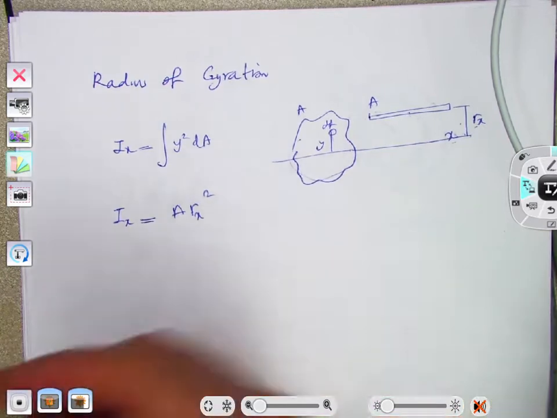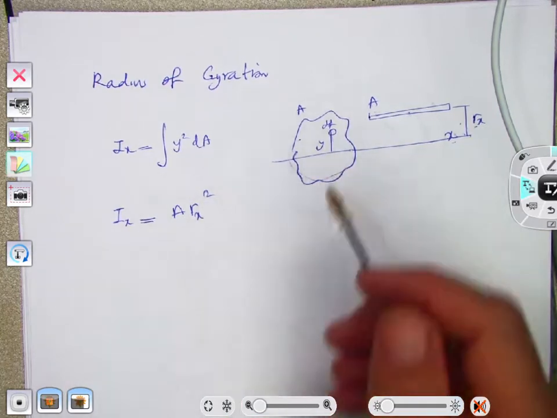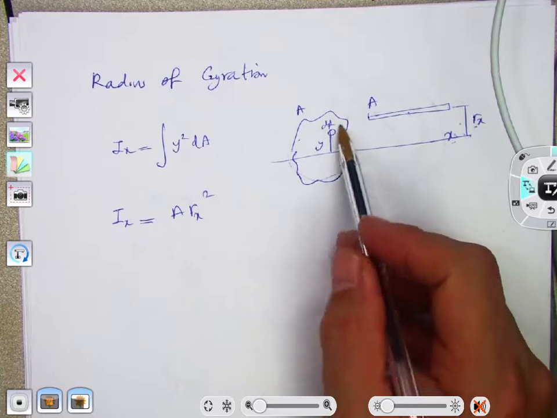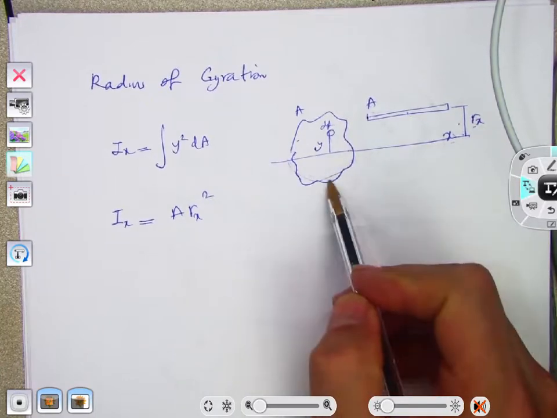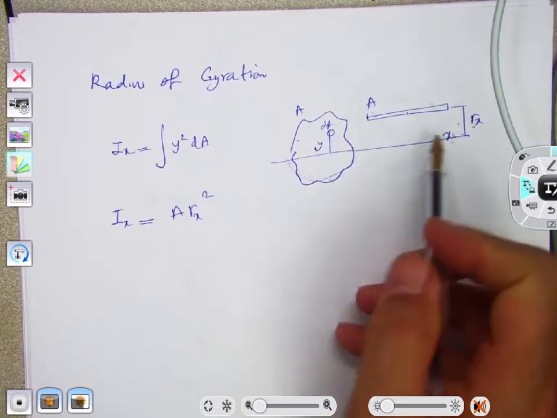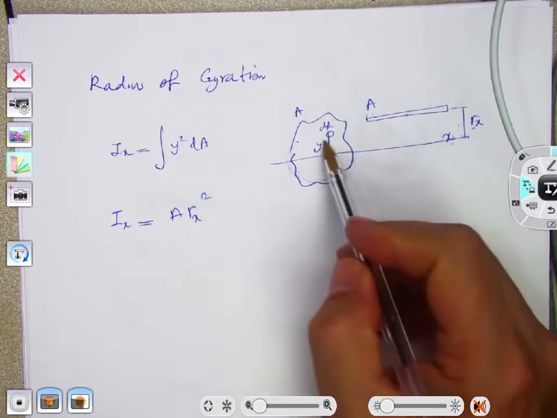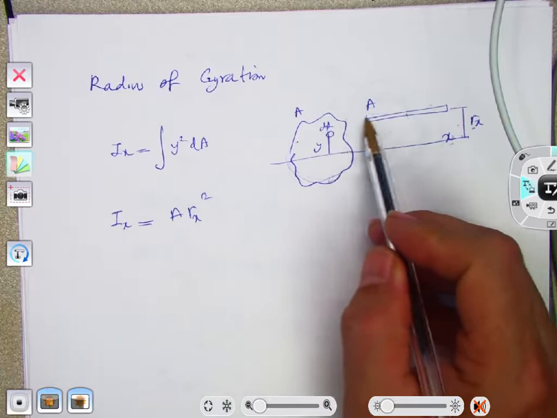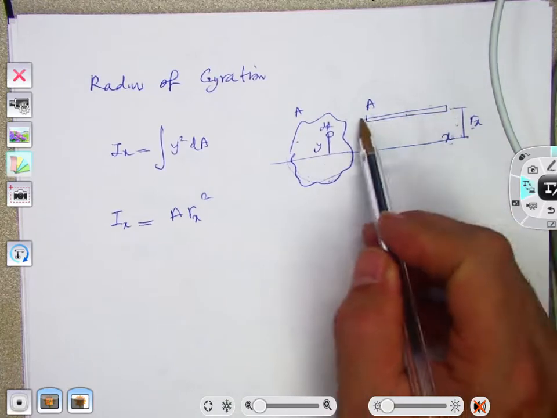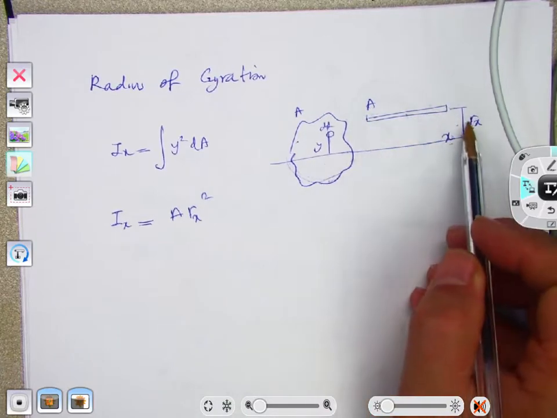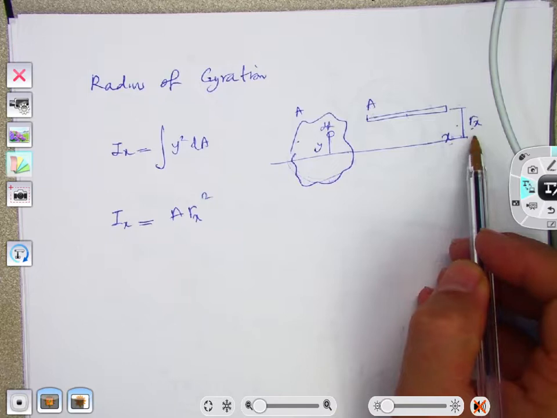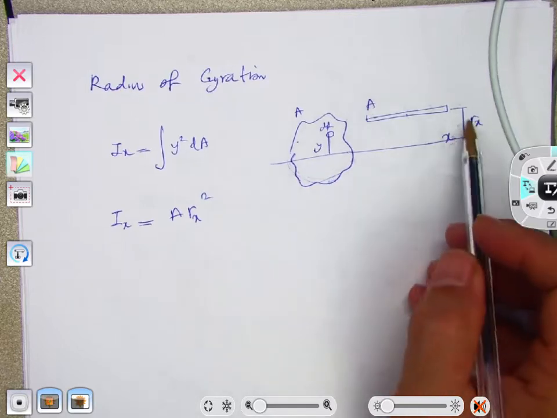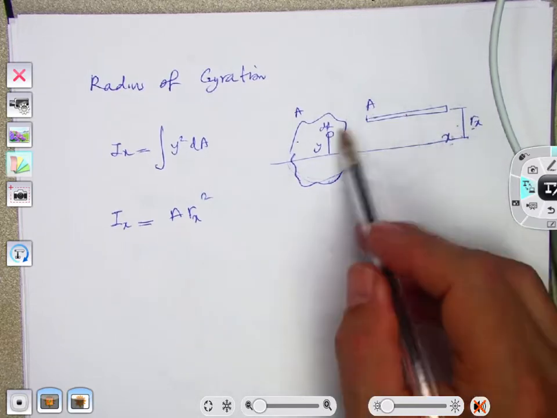So let's look at this again. I started with this arbitrary shape. What I'm saying is that it's possible to make this area in the form of a narrow rectangle which has distance Rx from the x-axis, such that the moment of inertia of these two are the same.